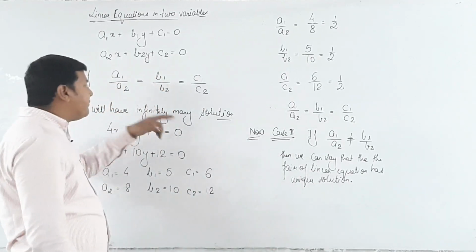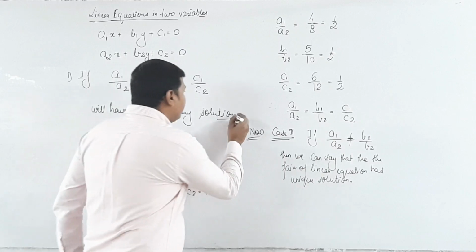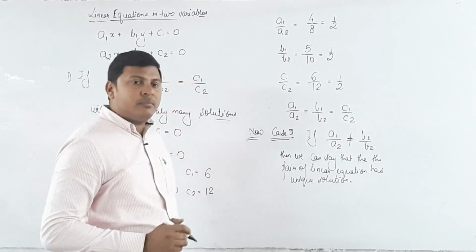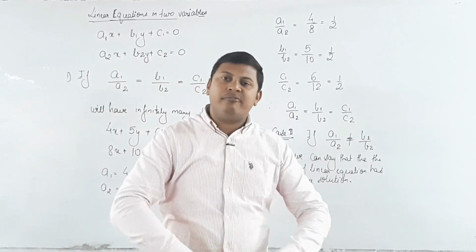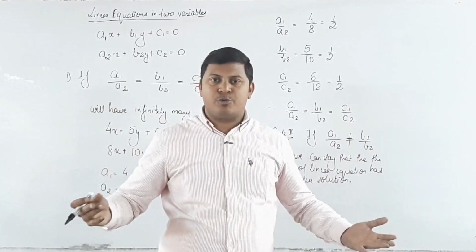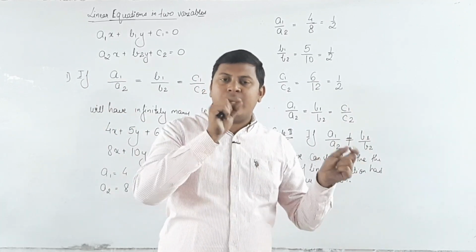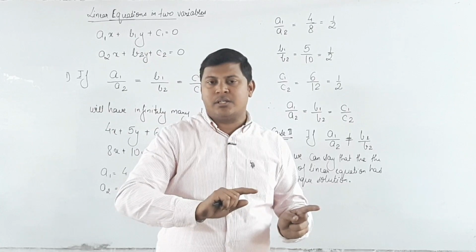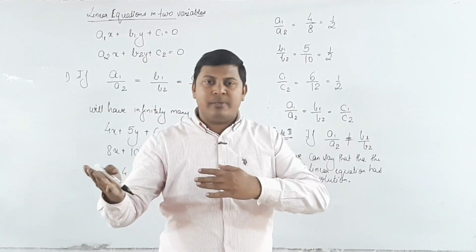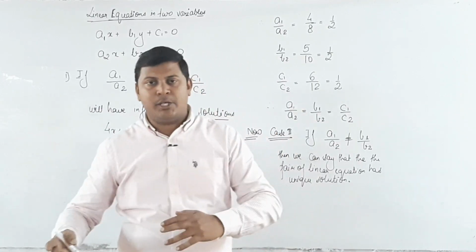Here I have written infinitely many solutions. Many solutions means x and y will have a large number of solutions. It will not be a single answer. x has many values and y has many values.